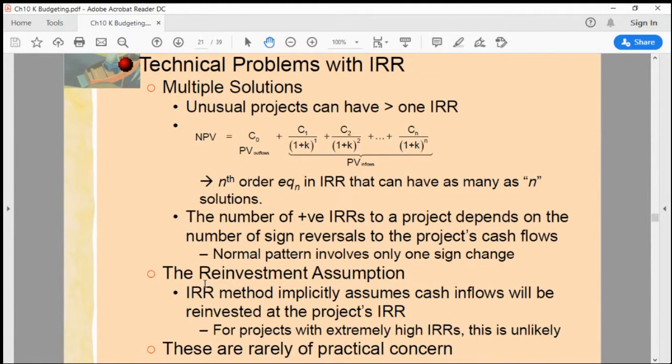There can be, just theoretically, positive internal rates of return and negative internal rates of return.